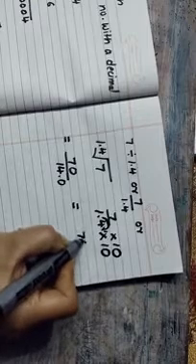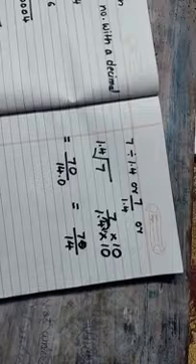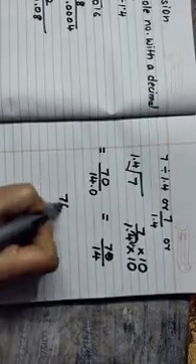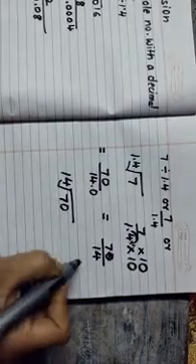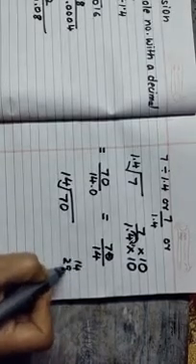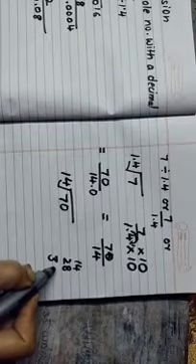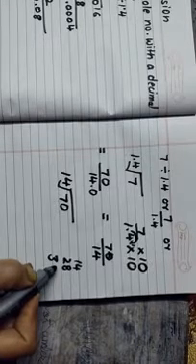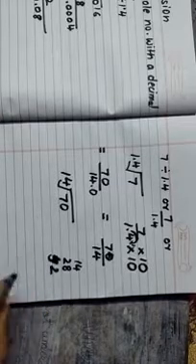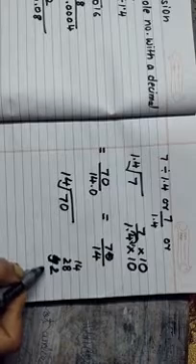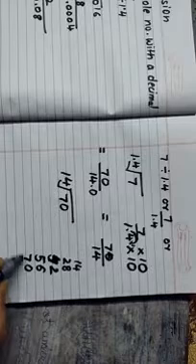So this is 70 divided by 14. Now we can divide 70 with 14. So 14, 28, 42, 56 and 70.